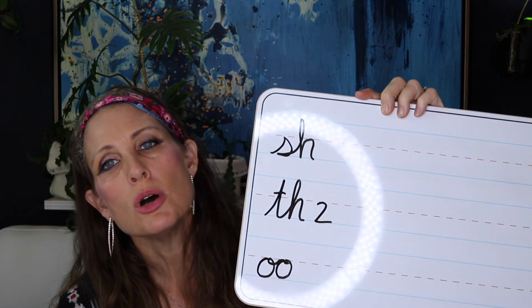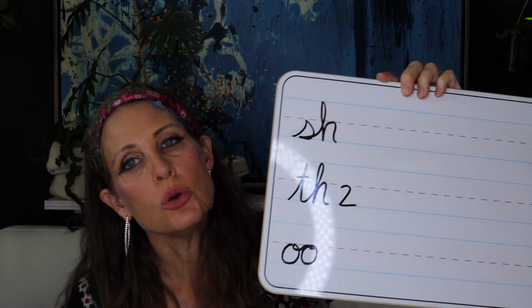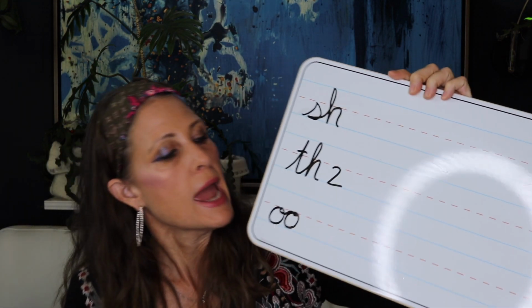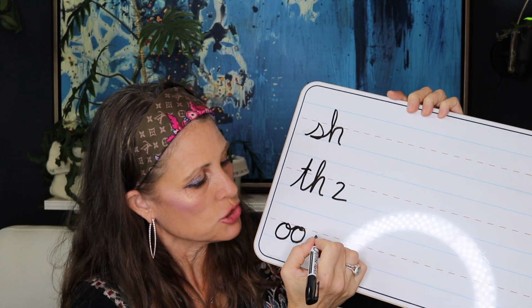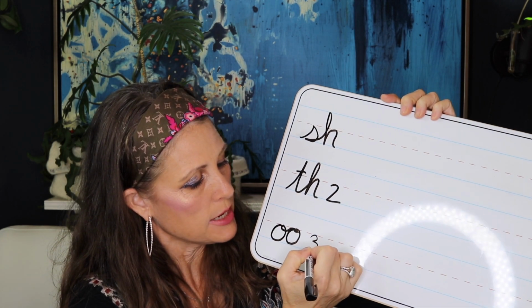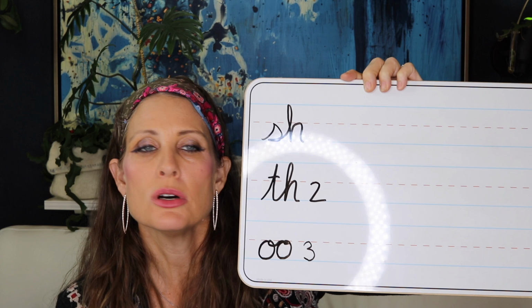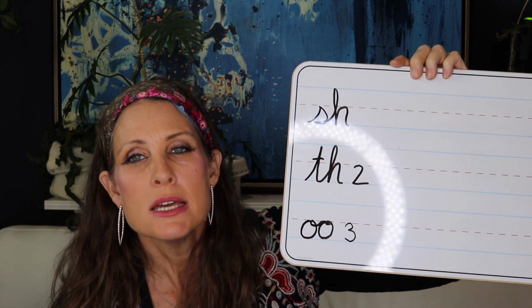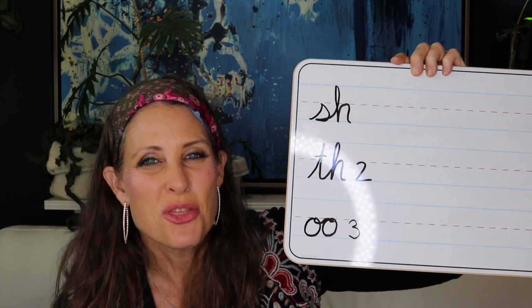And then your third multi-letter phonogram on the page is gonna be oo, o, oo, o. And when you write it in your page, you're gonna do a little 3 next to oo, o, because the oo, o says 3 sounds. Okay, so that is starting your multi-letter phonogram page.